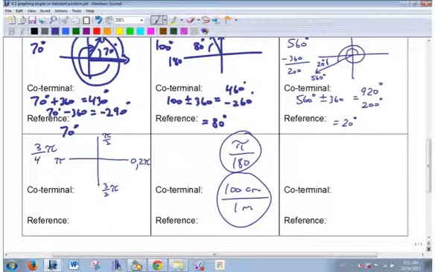So where's 3/4 of a pi? That's a whole pi. I want 3/4 of a pi. There's a half a pi. So that's right there.